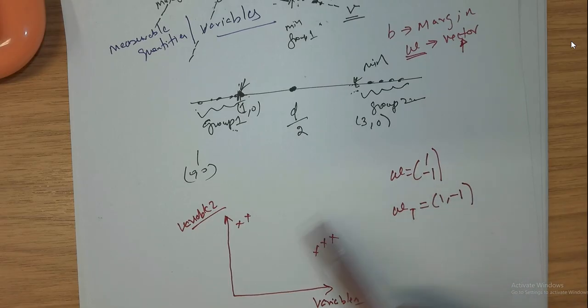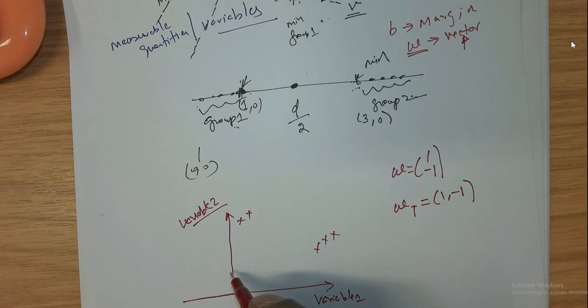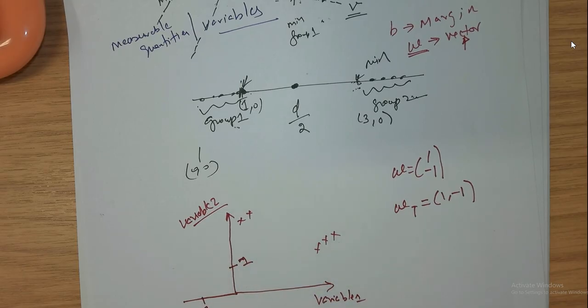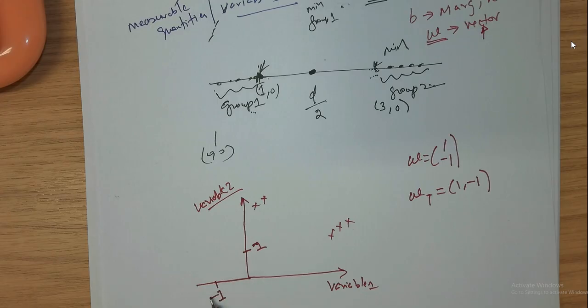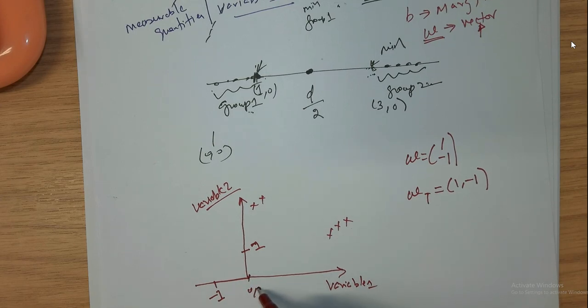So how will this vector look on this type of graph? One is on the x side and the other is in the y direction, so 1 comma minus 1. That's how we label the graph, isn't it? So minus 1, 2, 3 and 4, minus 1, minus 2 and minus 3, and this is 0 comma 0.